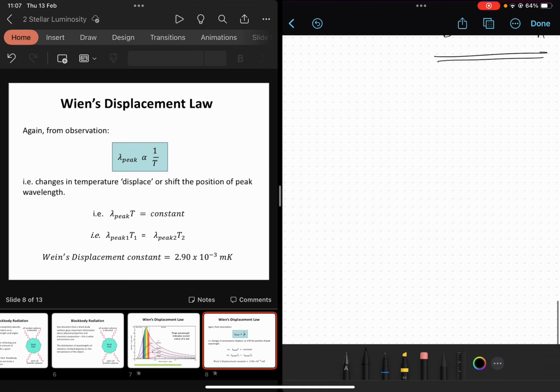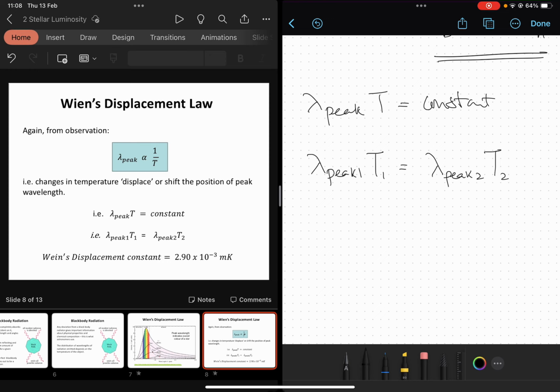So if that relationship is true, lambda peak multiplied by temperature must equal a constant. And so again, that kind of constant ratio idea, that lambda peak for object 1 times its temperature and lambda peak for object 2 times its temperature are equal to each other. And again, that's a really useful relationship that we're going to use often.